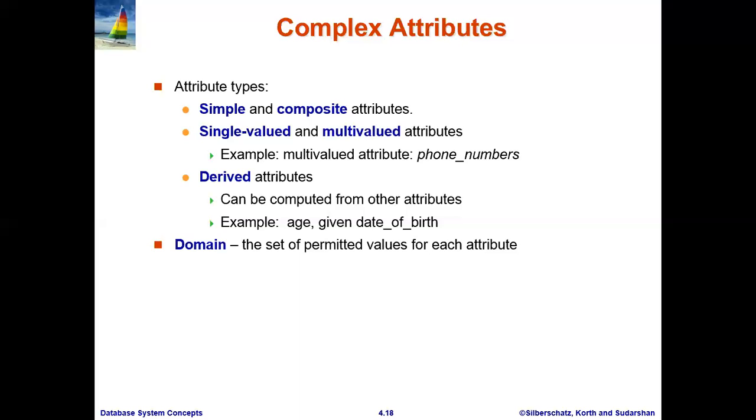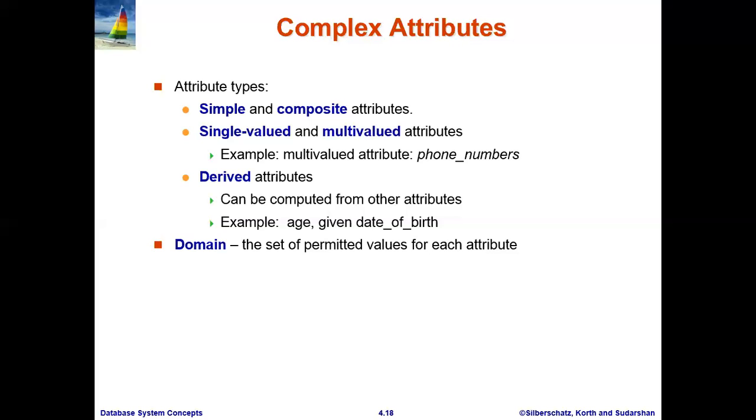So in the phone number attribute, the first value will be the first mobile number and the second value will be the second mobile number. So such an attribute whose values are more than one is called a multi-valued attribute. So a single valued attribute will have a single value, a multi-valued attribute will have more than one value. For example, phone number is a multi-valued attribute.